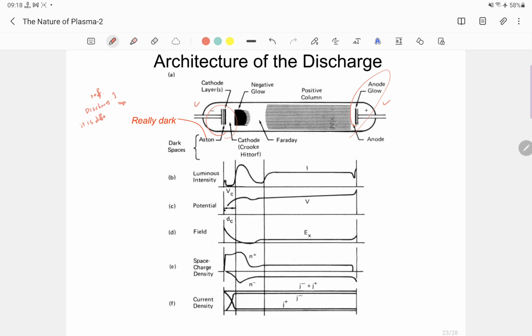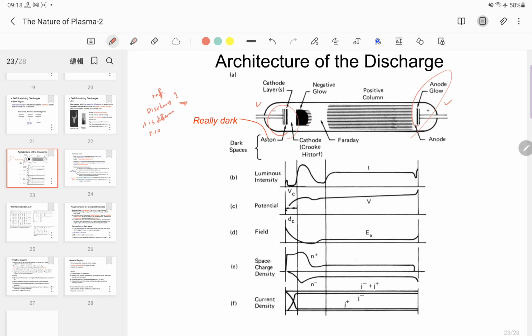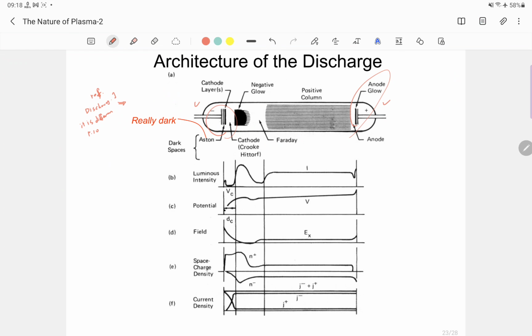And also in the previous chapter, we have already known in a typical DC plasma system, there are different glow regions, different bright plasma regions. This region can emit light, or what we call the luminous region.